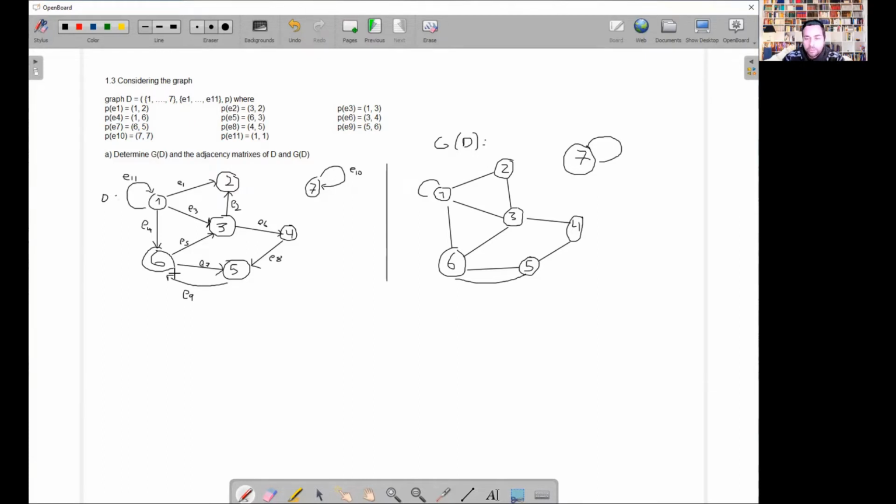The only thing that you have to take into account is that you could think that here we could simplify these two links into one, right? When we make the non-directed version of the graph, but you can't do that because these are two different applications, right? Two different relations.